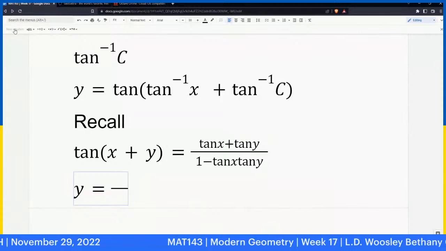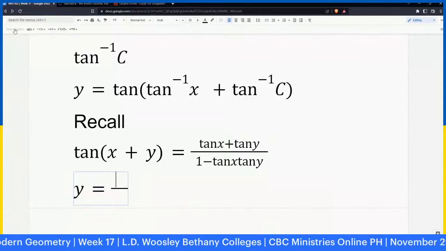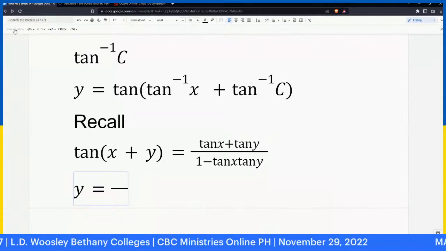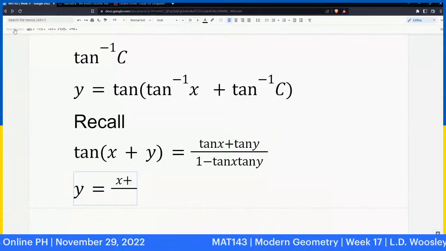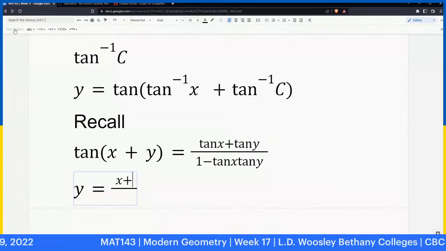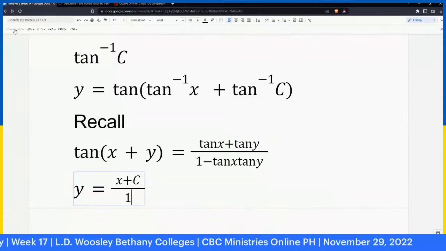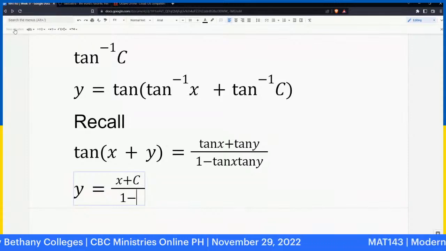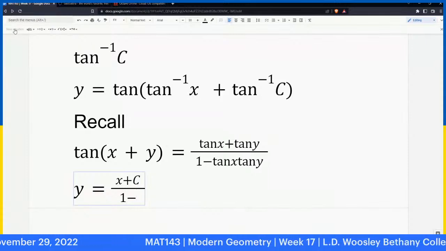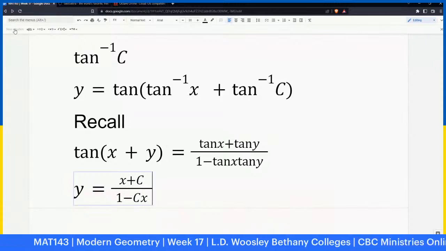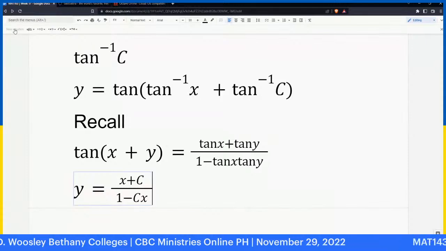Tangent of arctangent of x. What's the answer? X, di ba? X. Therefore, tangent of arctangent of c, obviously it's c, all over 1 minus tangent of arctangent of x. Tangent of arctangent of x is x and c also. So therefore, this is c over 1 minus cx. Right? So that's the answer.